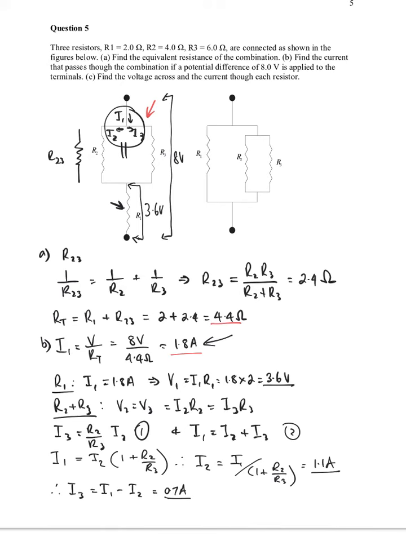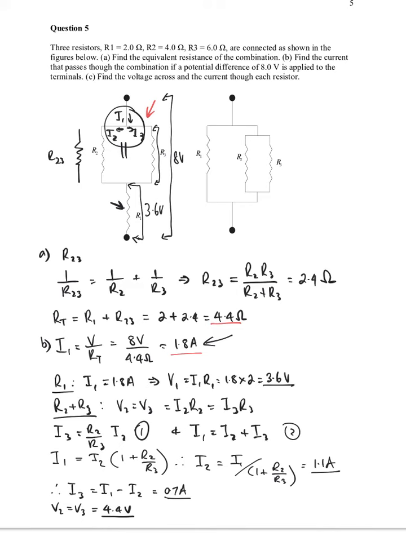So the voltage drop across here has to be 8 minus 3.6. Okay, so that's going to be 4.4 volts. So V2 equals V3 is 4.4 volts.